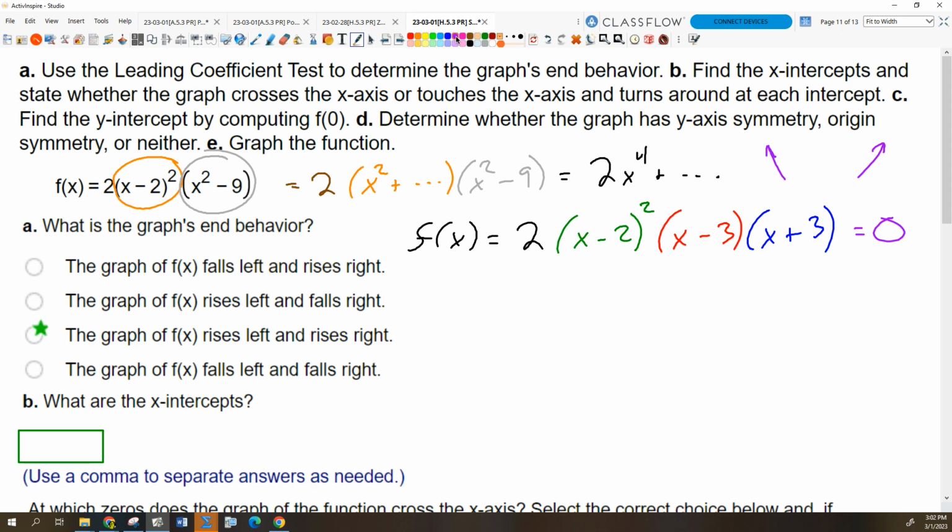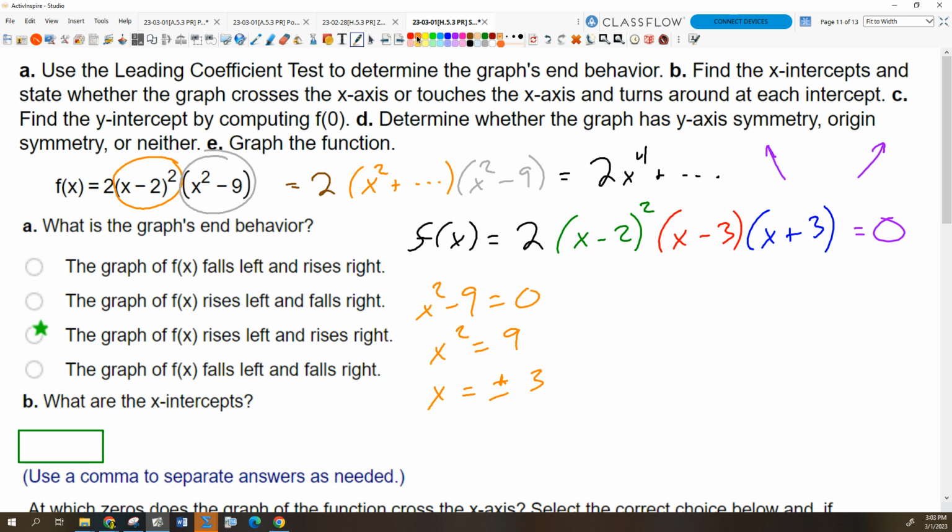I could have just said, okay, x minus 2 is 0 when x is 2. X squared minus 9, that factor is 0 when x squared minus 9 equals 0. And if I were just going to solve that, wouldn't I just get x squared equals 9? So x equals plus or minus 3, solving by square rooting.